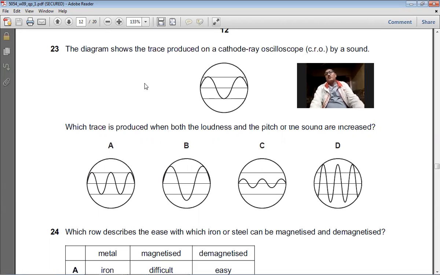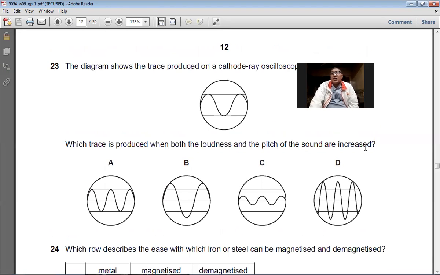So now you have increased the loudness and the pitch of the sound.